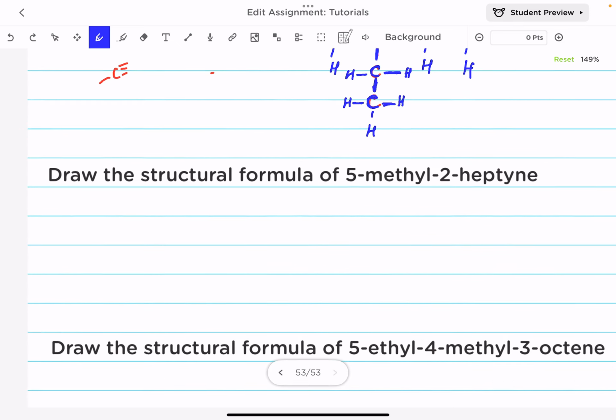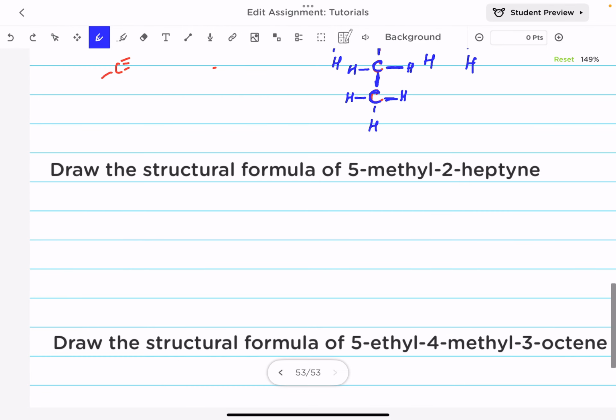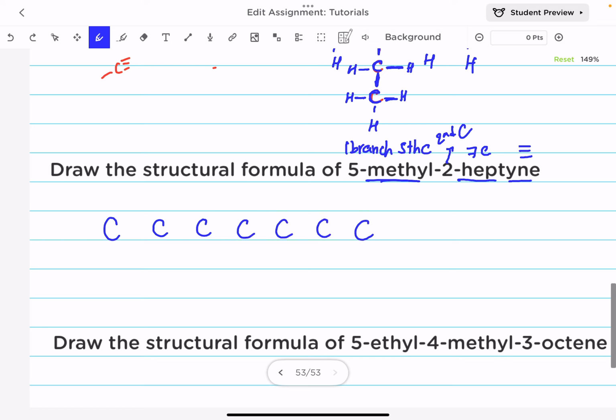Let's take two more examples. I'm gonna do them in a faster way. Hept means 7 carbons. Yne means I have a triple bond. Where exactly? On the 2nd carbon. And I have 1 branch on the 5th carbon, and I only have 1 carbon branch. So 1, 2, 3, 4, 5, 6, and 7.